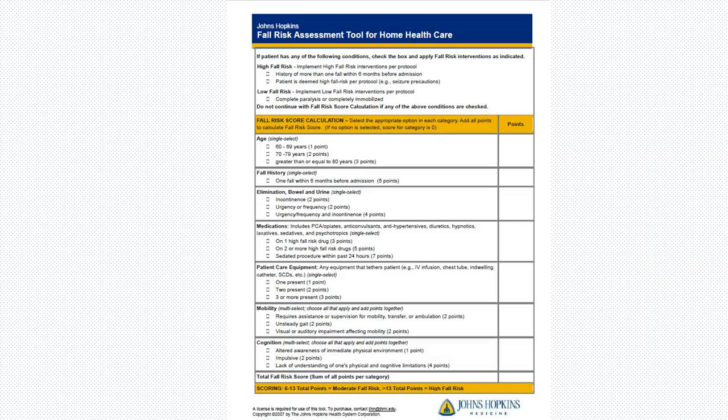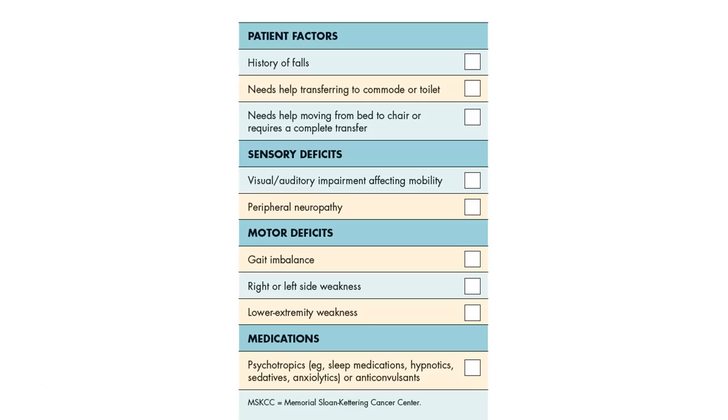Are they using any type of equipment that will interfere with normal gait? Do they require a gait aid? Do they have visual impairment? Do they have cognitive impairment? So you can use any of these scales if you choose to do so, this is certainly going to be helpful.